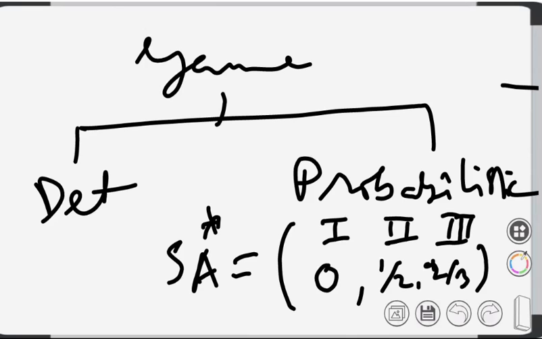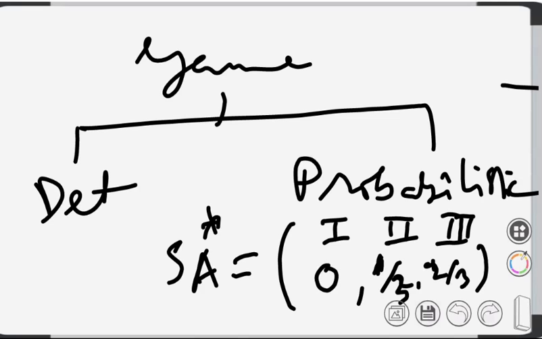I have written 1/3 and 2/3, not half. So strategy 2 will be played with probability 1/3, and strategy 3 with probability 2/3. That means if the game is played 3 times, he will never play strategy 1, once he will play strategy 2, and twice he will play strategy 3. That is the meaning of SA star equals 0, 1/3, 2/3.